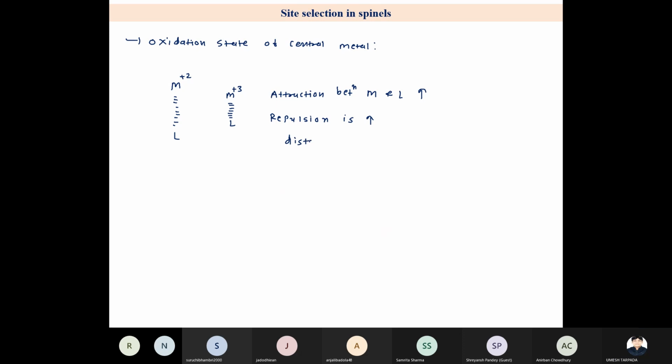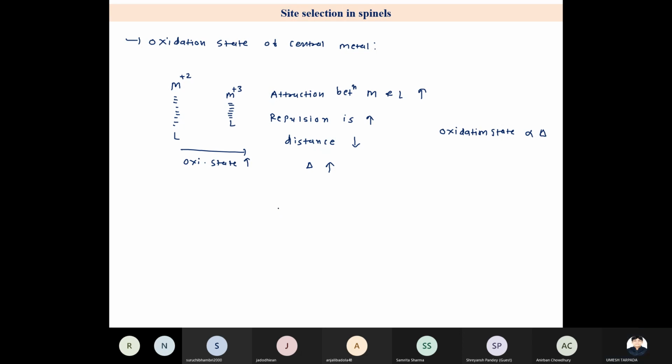See, distance between metal and ligand decreases, and as a result, crystal field stabilization energy increases. Yes, if you go from this side, oxidation state increases. So all this happens. So see, oxidation state is directly proportional to crystal field stabilization energy.